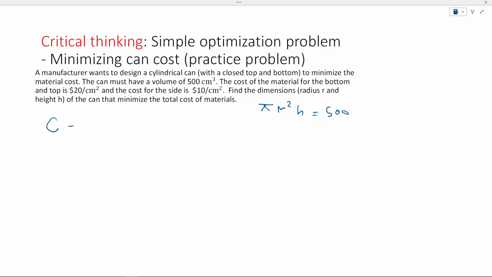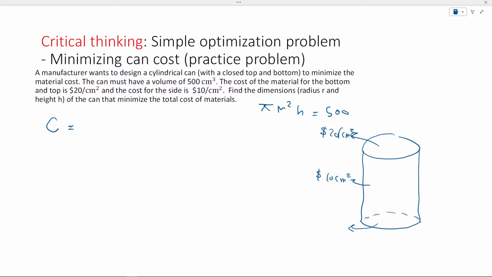What is the total cost? The total cost would be the total cost of the top. Let me just plot it here. You have the top here and the bottom, which is $20 per centimeter square, the side here is $10 per centimeter square, and the other guy here is $20 per centimeter square.